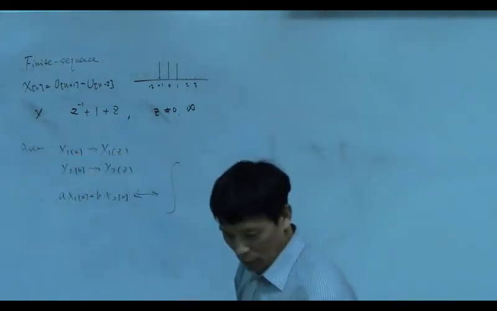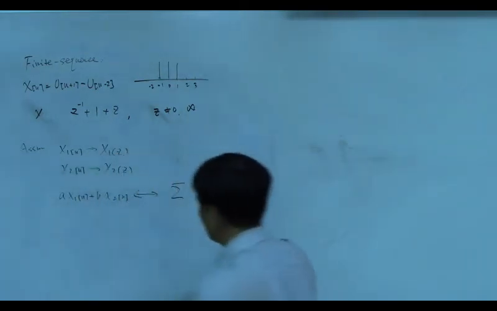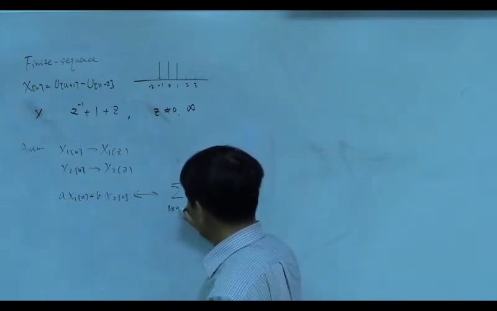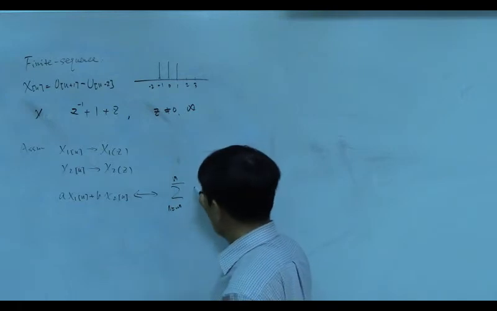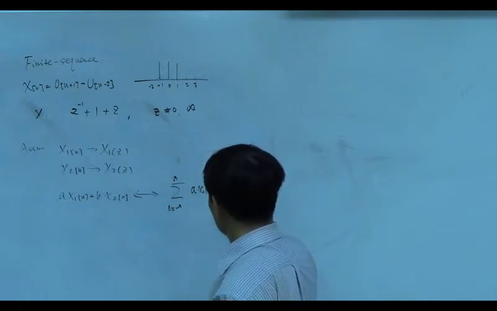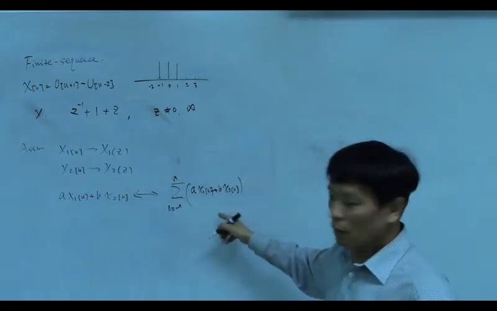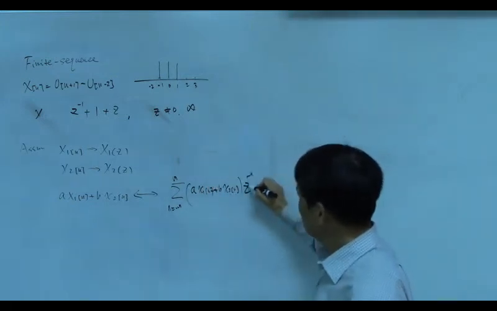Here we are going to use the definition. This will be equal to the sum for n equals negative infinity to positive infinity of a x1[n] plus b x2[n], that is the signal, then times z to the negative n.